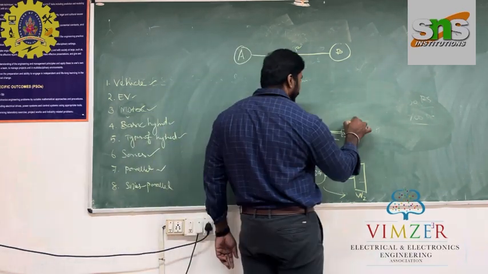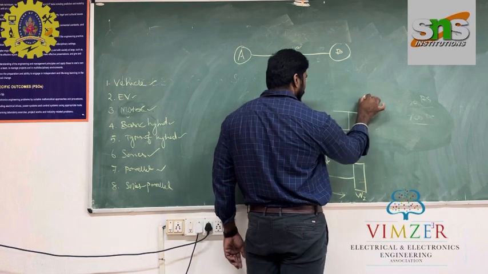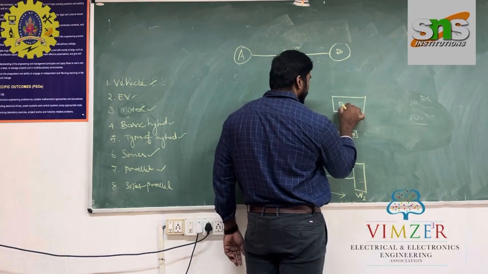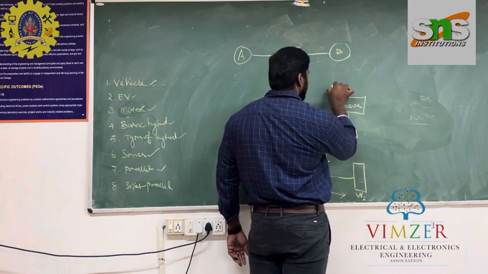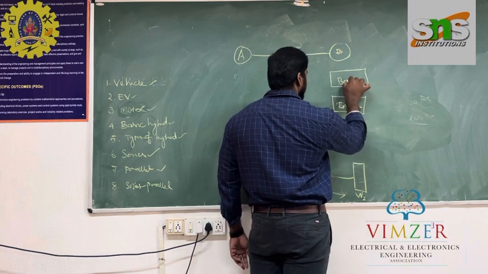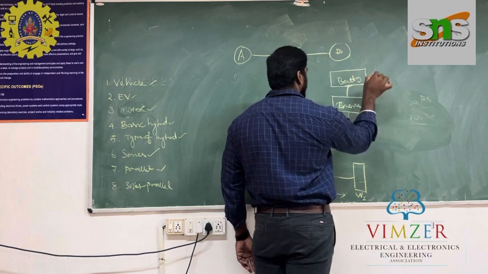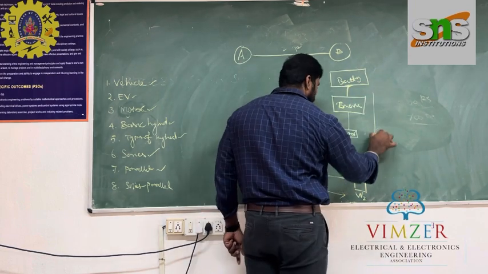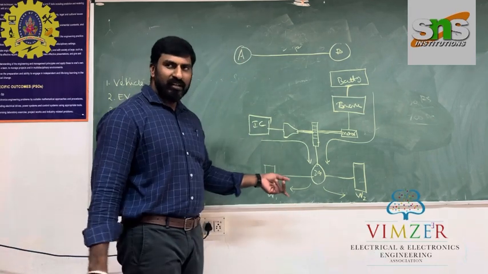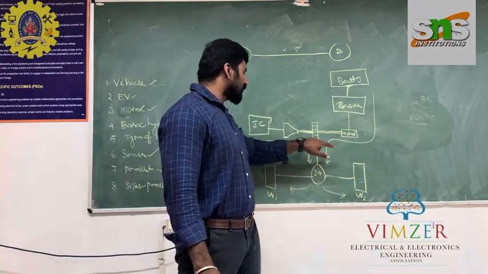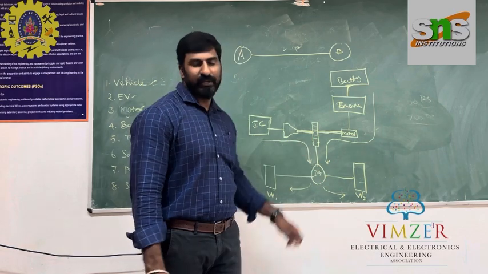The motor needs a power supply, so I am fixing a battery and an inverter here. The inverter is supplied by the battery. So the power transfers like this. One vehicle is run by two different sources at a time with the help of a gearing mechanism.